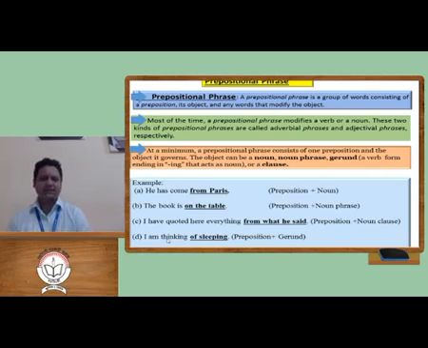I'm thinking of sleeping: preposition plus gerund. Of plus gerund. The gerund acts as a noun here. Of sleeping is a prepositional phrase. So from Paris, on the table, from what he said, of sleeping, all are examples of prepositional phrases.